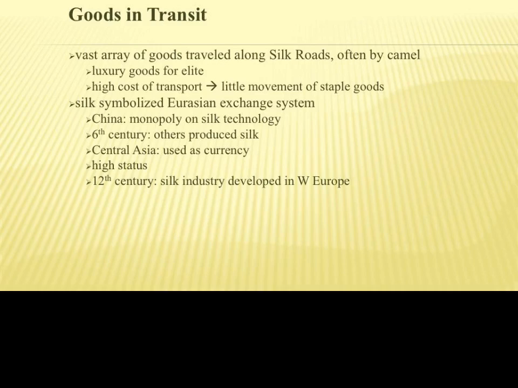Europeans would use it for clothes or wall hangings, their tapestries. But women were very important producers and consumers in the early stages of the Silk Roads. The trade network, like I said, carried lightweight yet expensive items like silk and spices.